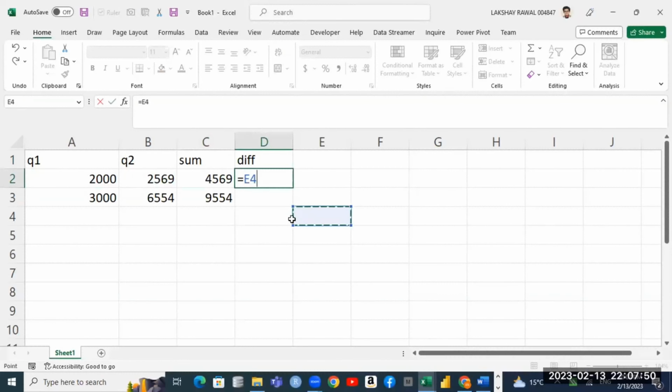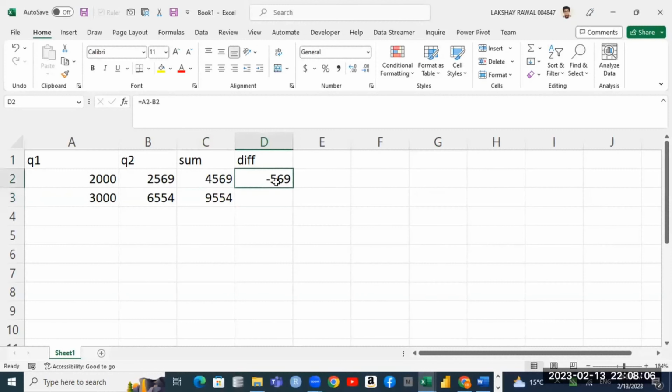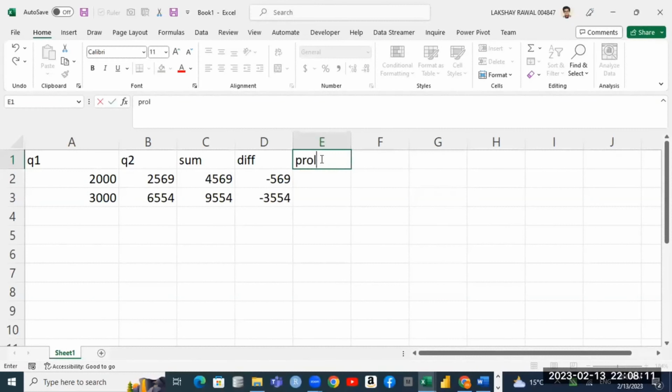We have to do cell address A2 minus B2. This is the difference. And for product, we have to do A2 multiply B2.